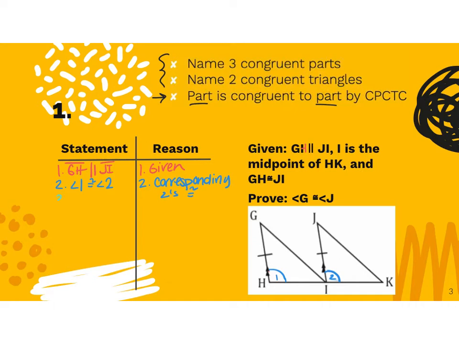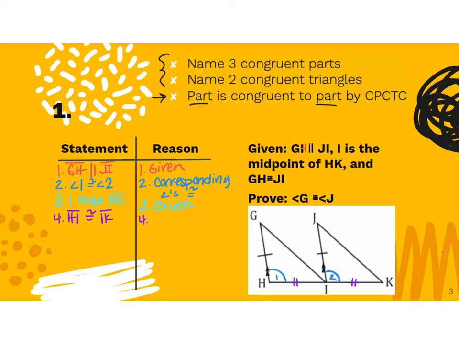Next, we can look at what else we're given, and it says I is the midpoint of HK. So that's side length HK, and that is given. It was written out for me. Since I is the midpoint, I can then say that HI is congruent to IK. For our reason, we can either say definition of a midpoint, or we can copy our statement from step 3, which said I is the midpoint of HK.